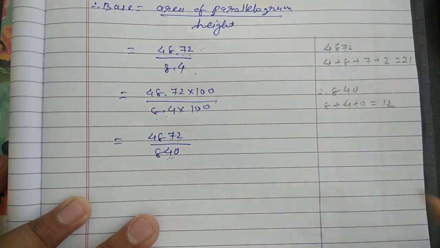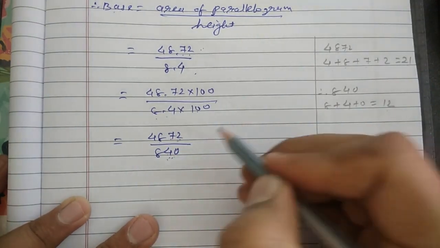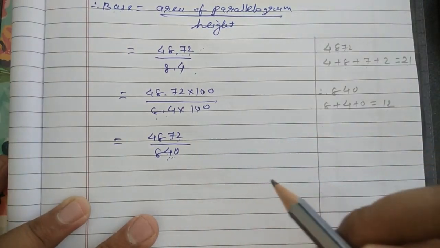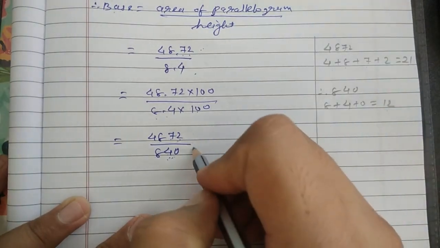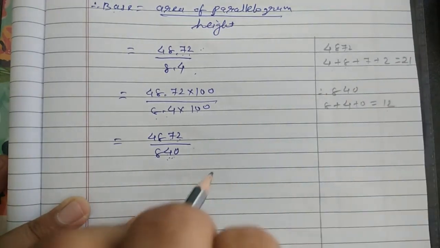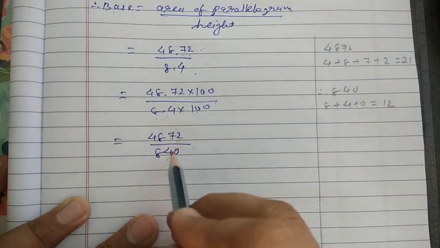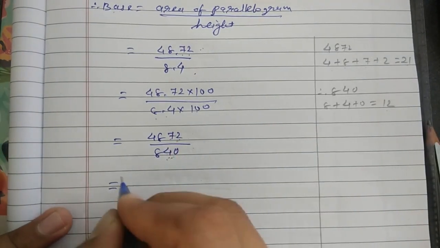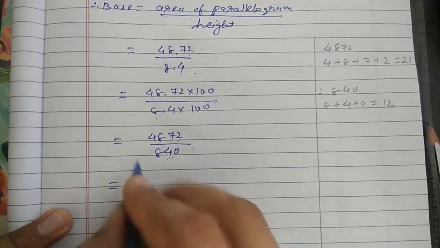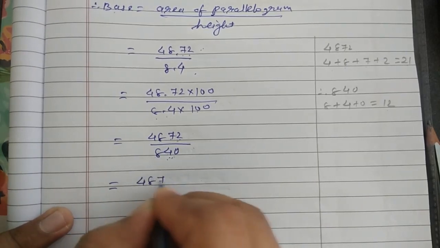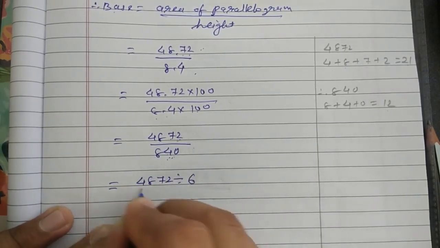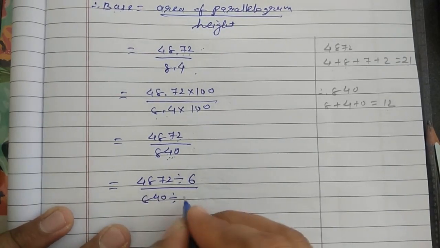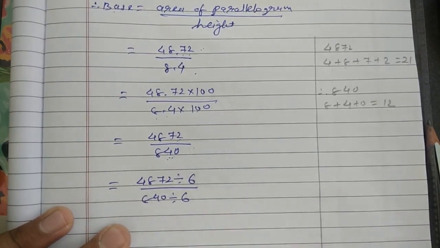Now what about 6? As we know, if a number is divisible by 2 and divisible by 3, then it is divisible by 6, so these numbers are divisible by 6. So we will divide these two numbers by 6, reducing them so our simplification will be easy. So 4872 divided by 6, and 840 divided by 6.